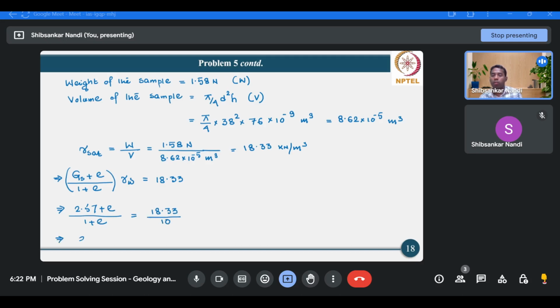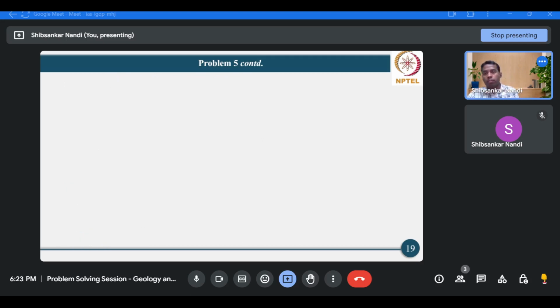Our e value we can calculate from this equation as 0.885. Now, truly speaking, this e value is the e1 corresponding to sigma 1 prime.